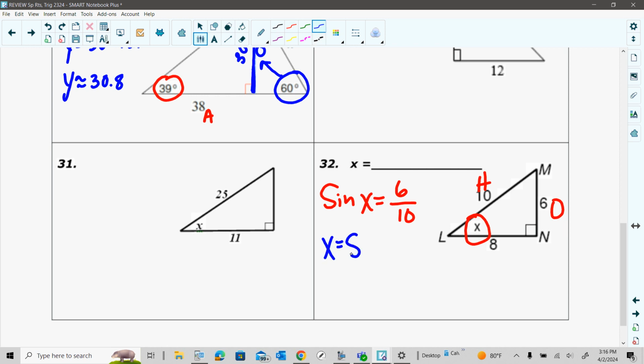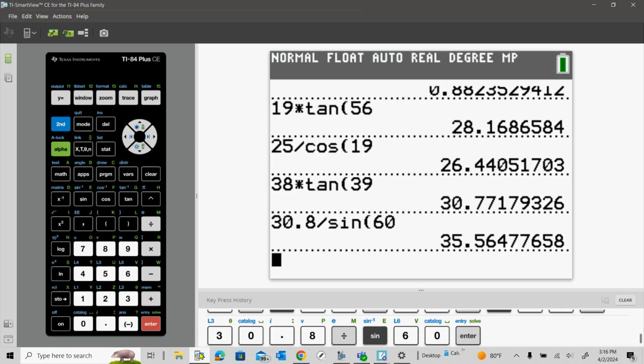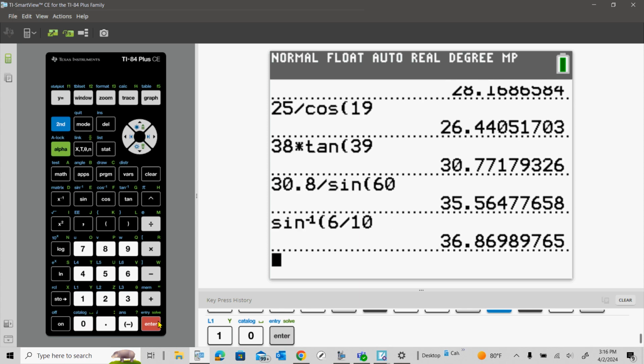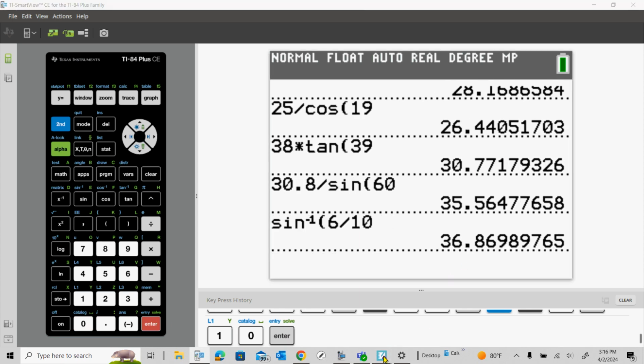So now we do the sine inverse, that sine to the negative 1, 6 over 10. So we put that in the calculator, and we round to the nearest whole number here. Second sine, get that sine to the negative 1, 6 divided by 10, enter. So this is going to be 37 degrees.